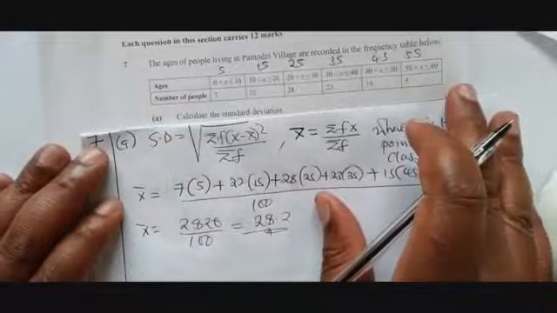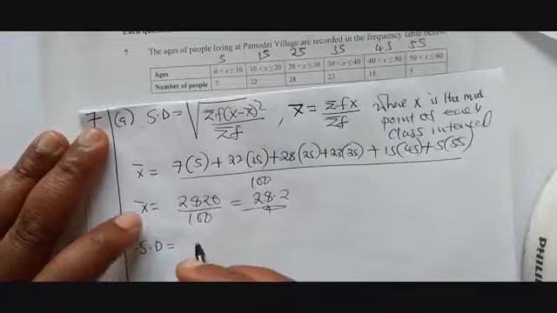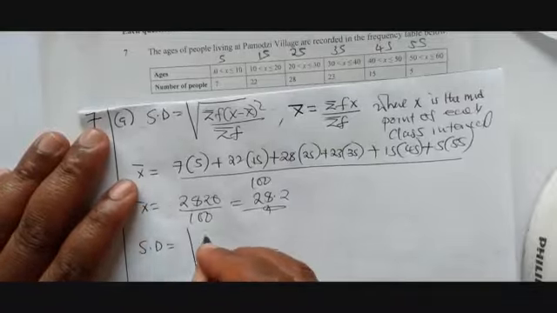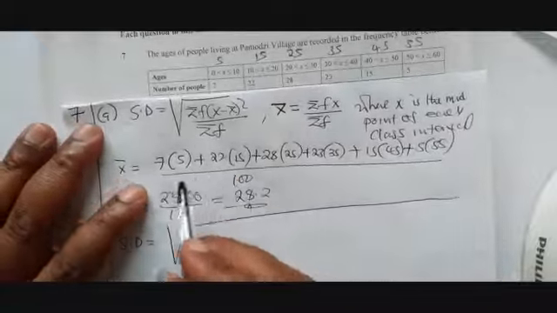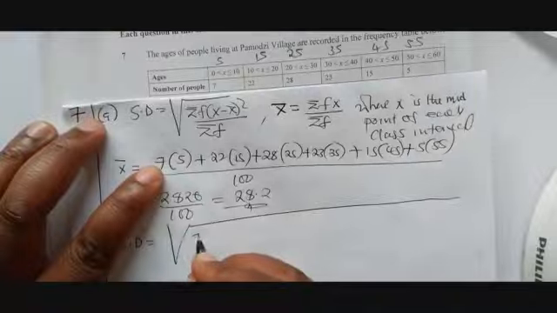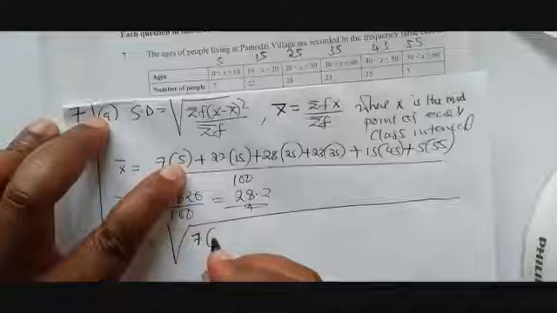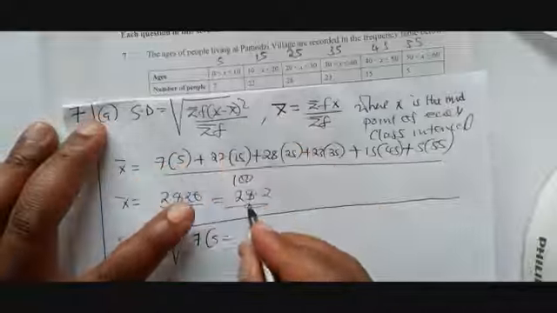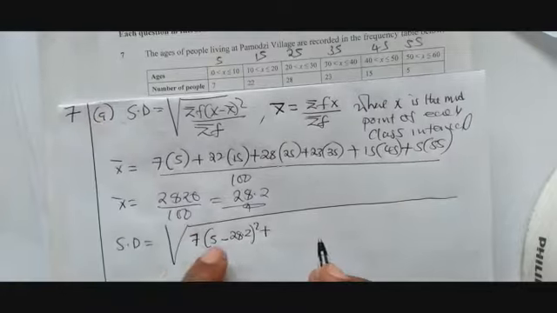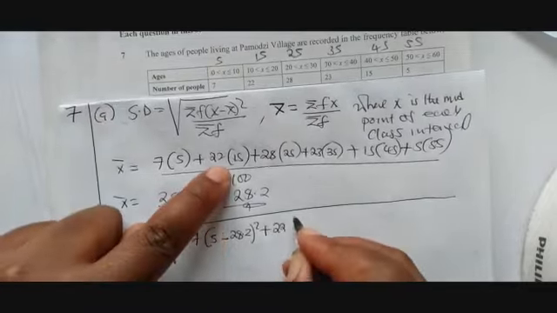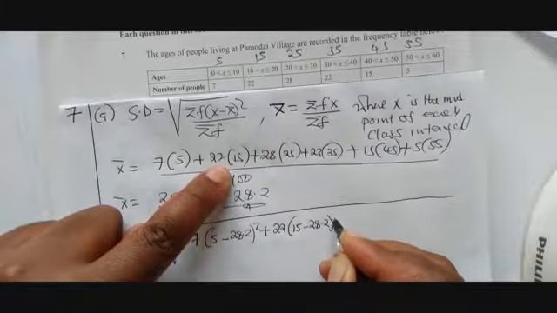So now, let's get our standard deviation. Standard deviation is equal to square root. So don't be worried about the square root. We are saying frequency. What is my frequency? It is 7 here. Open the bracket. X, what is my x? Is 5. 5 minus x bar is 28.2 squared. I'll continue in this manner. So I'll say 22, open bracket, 15 minus 28.2 squared.